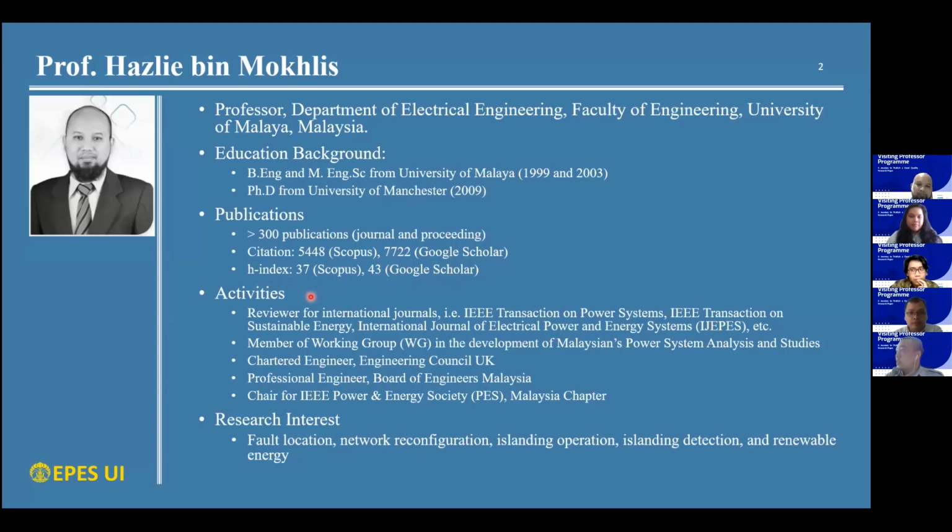Prof. Hazlie's other activities include being a reviewer for international journals, for example IEEE Transactions on Power Systems, IEEE Transactions on Sustainable Energy, both Q1 journals I think, and also the International Journal of Electrical Power and Energy Systems, which I think is also Q1, and so on.